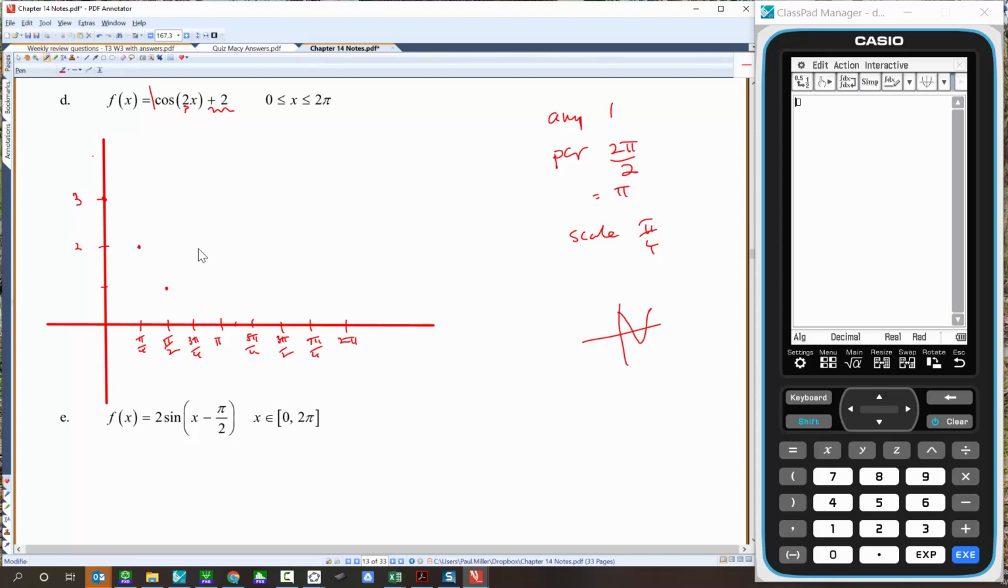Then down to here, back up to here, back up to there. Draw these dots in before you actually sketch the function, because it becomes a bit like a join the dots thing, which is kind of fun.